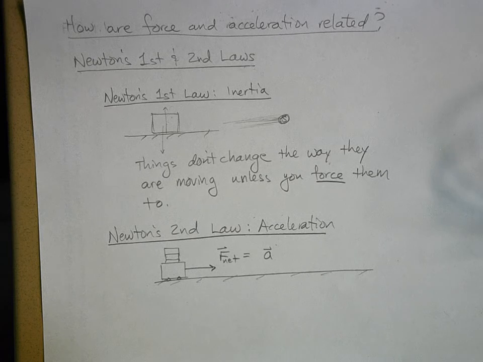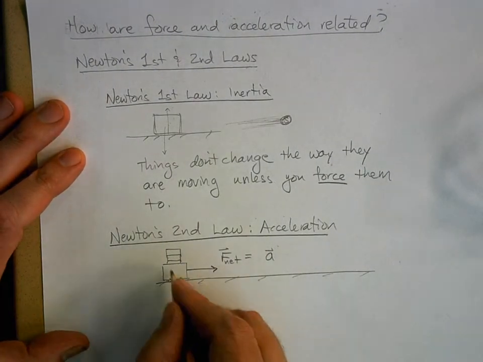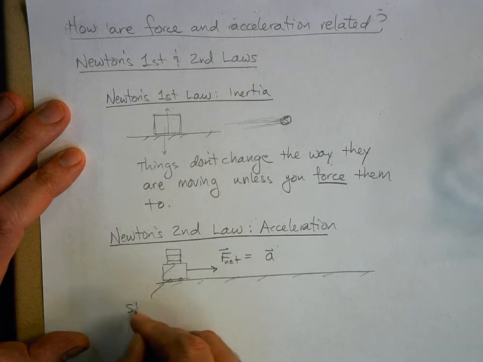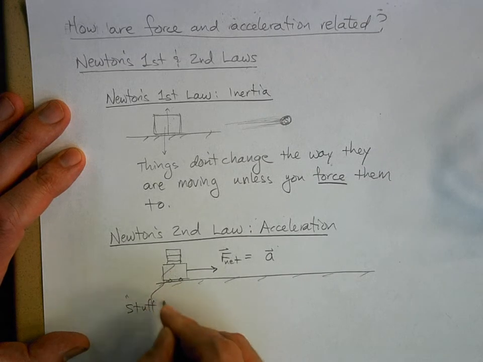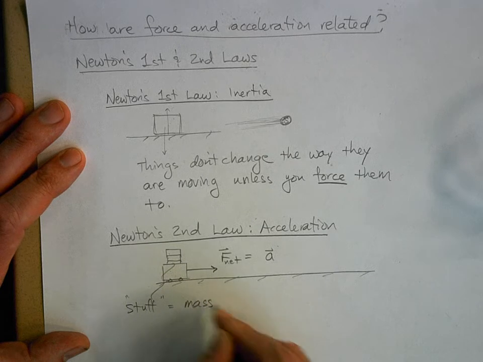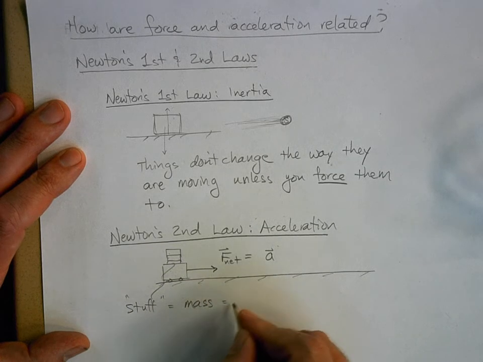Doesn't that make sense? Or if you want to make it accelerate at a constant rate, you have to push harder. The more mass it has, the more stuff it has, the more you have to push on it. And we call all this stuff, well, we call it mass or inertia.